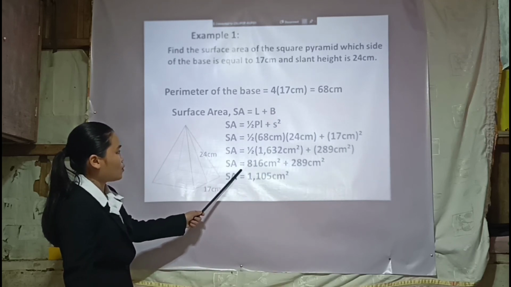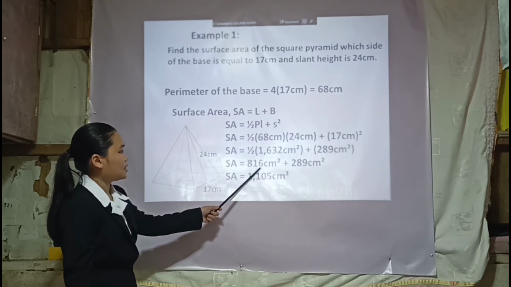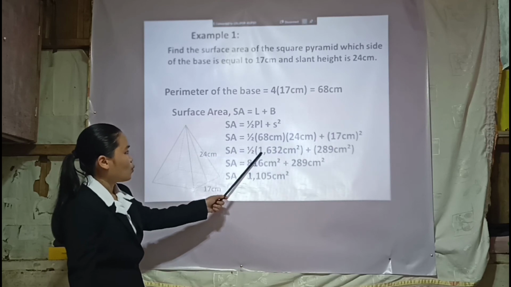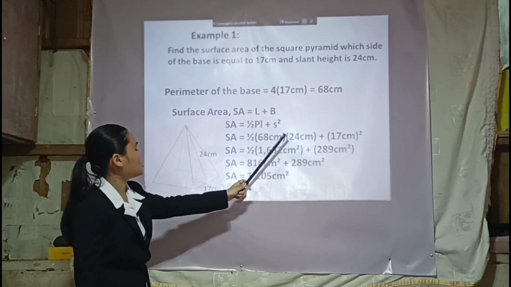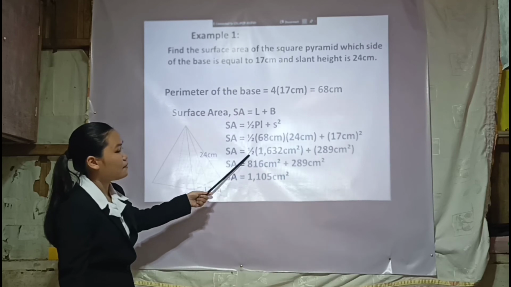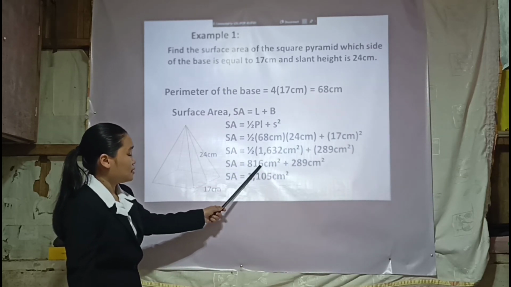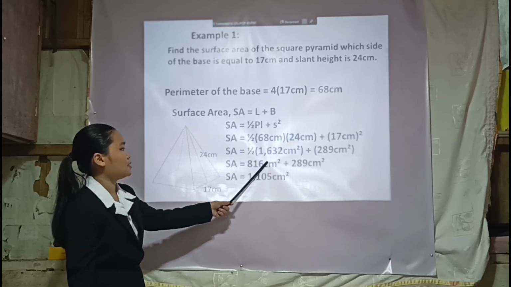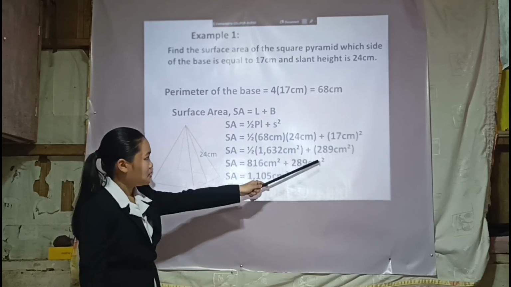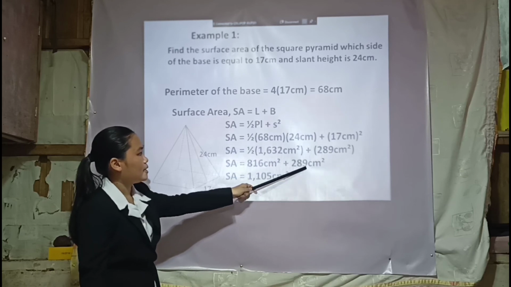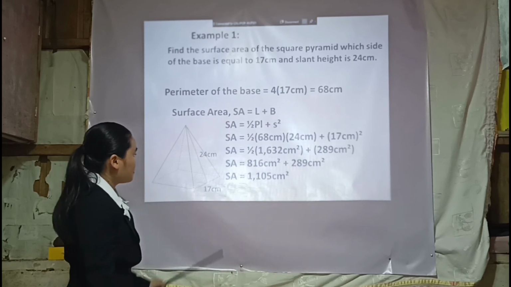Surface area equals 816 cm squared, because 1,632 cm squared times 1/2, or 0.5, is equal to 816 centimeters squared, plus 289 centimeters squared.